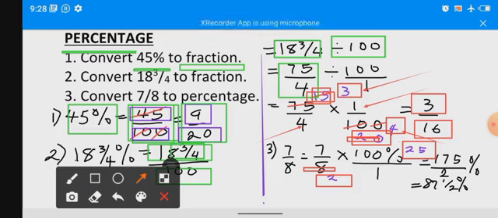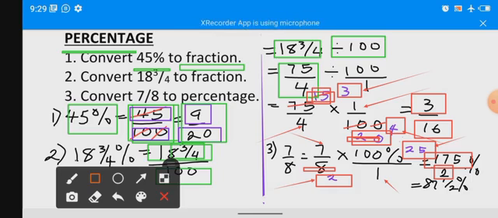In the numerator, we're left with 7 and 25, and when you multiply both it will give you 175. In the denominator we are left with just 2 and 1, so 2 times 1 gives you 2. So that is 175 over 2.